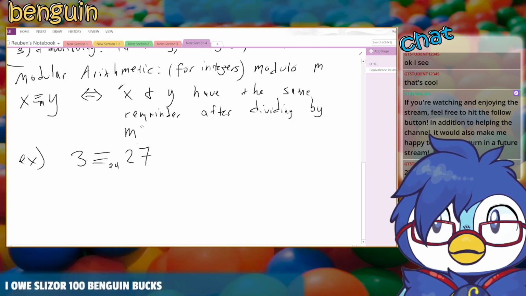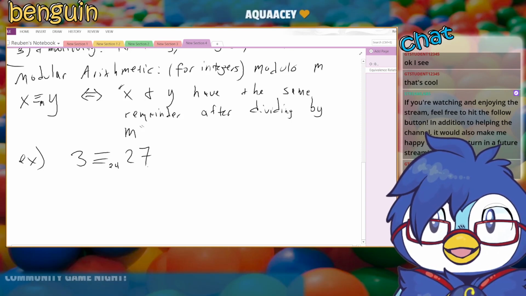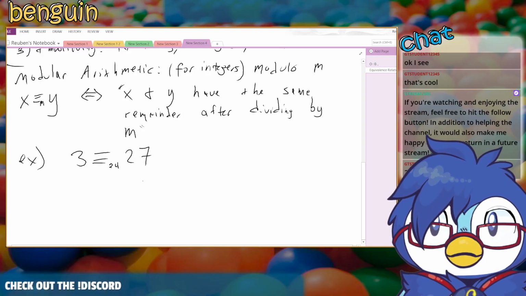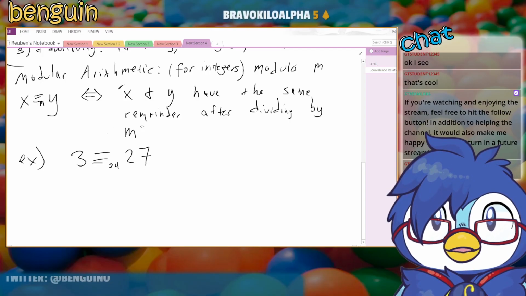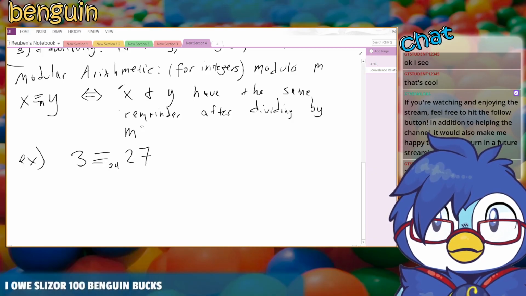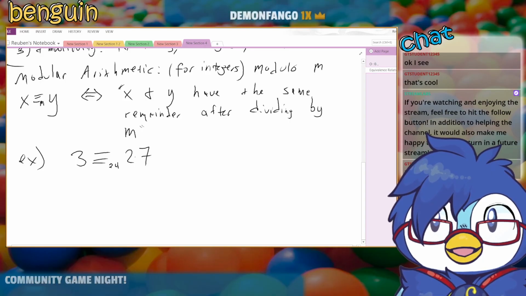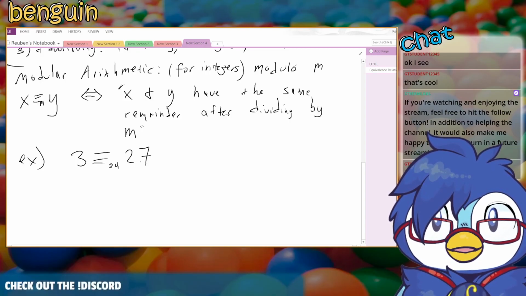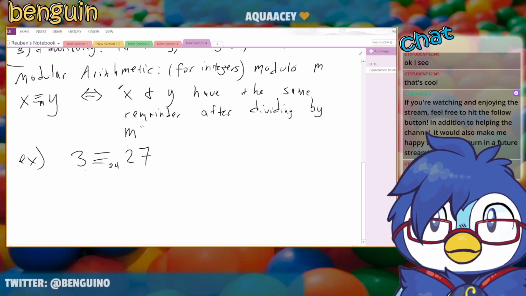If I told you, oh, 27 hours from now, and you wanted to know the time of day, you can divide out the 24 hours, and you know you can just look at the next day and go 3 hours from now.